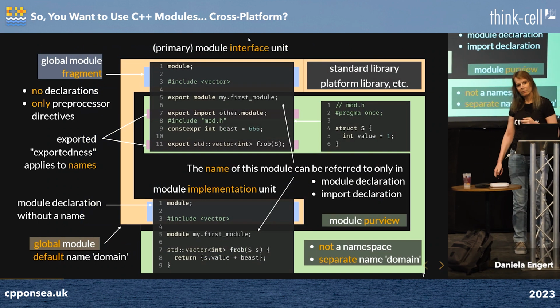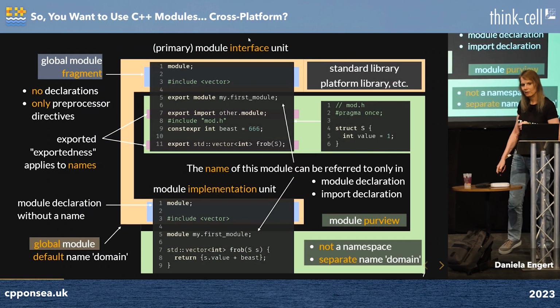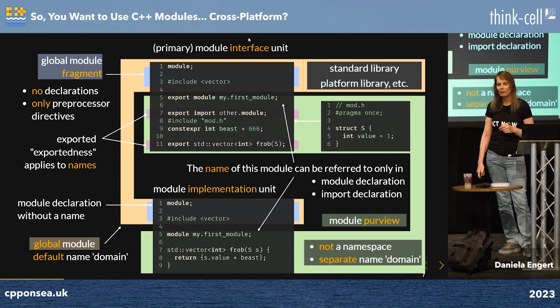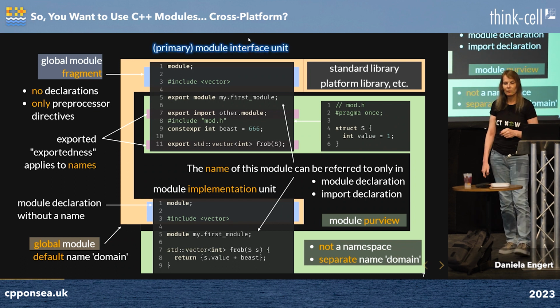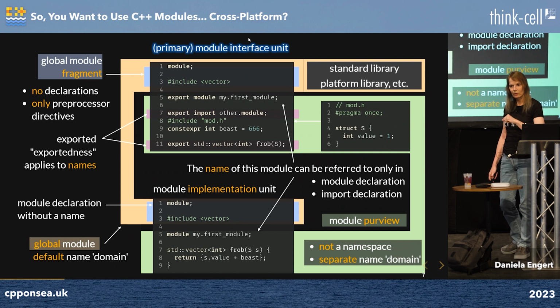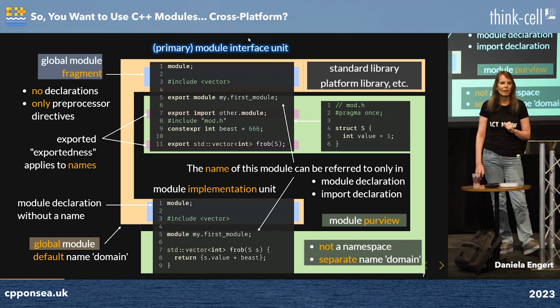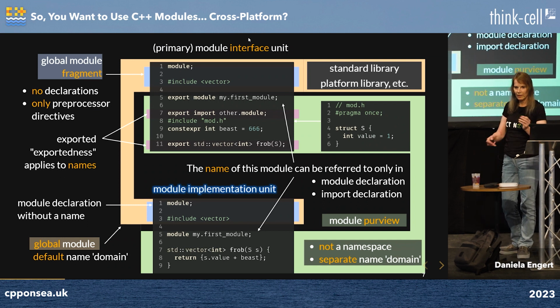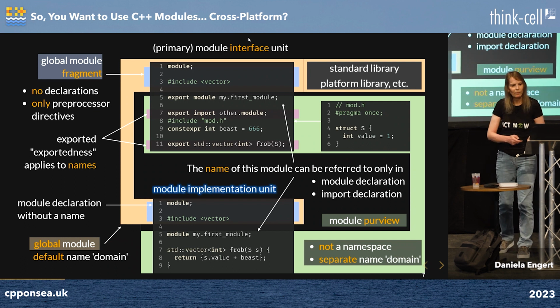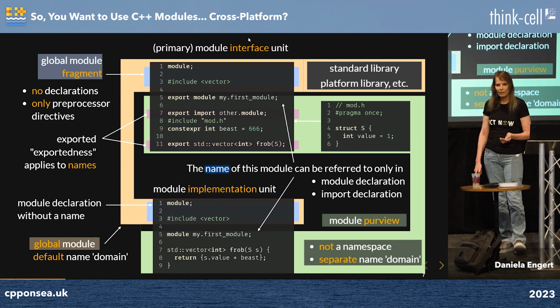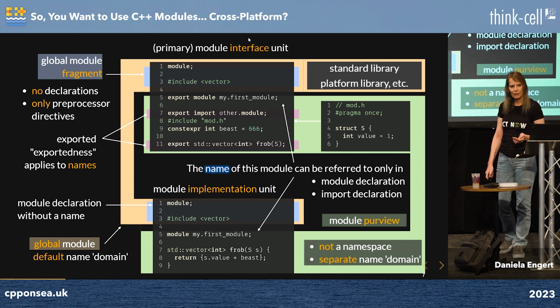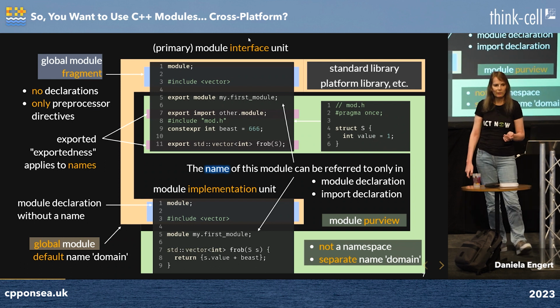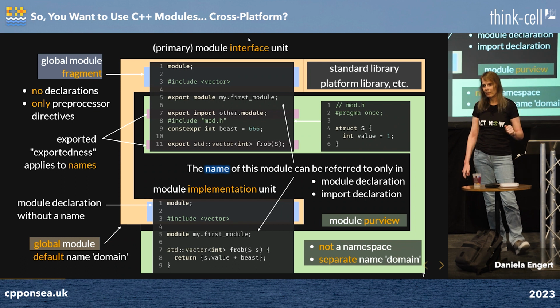Okay, let's look at a very small module just to introduce some vocabulary. We have module interface units. There's only one in every module. And we have module implementation units. You can have none, or you can have as many as you want. These translation units carry a name in their module declaration, and this is why we call these translation units and these modules named modules.